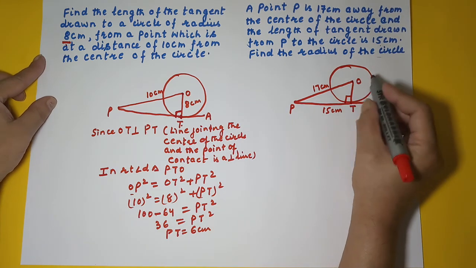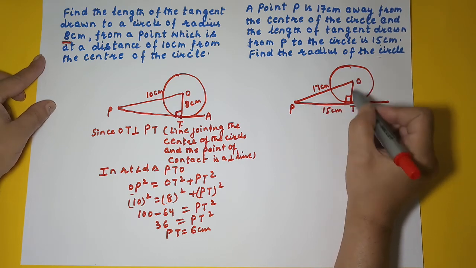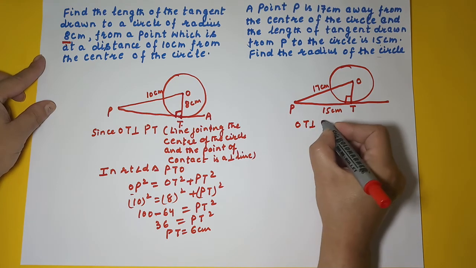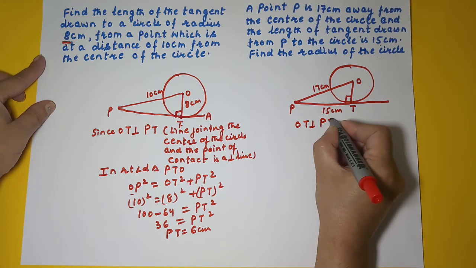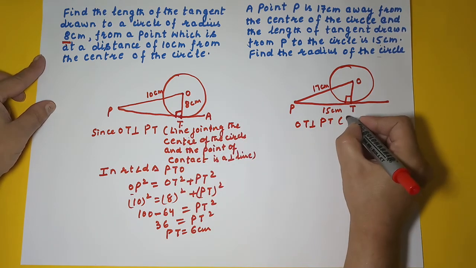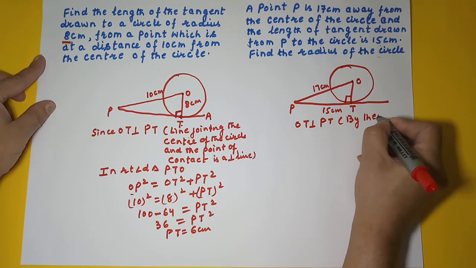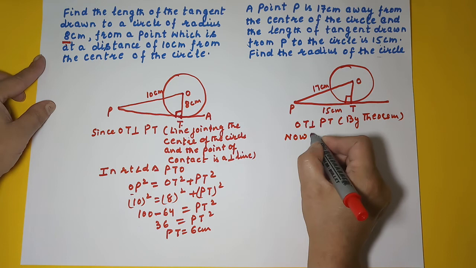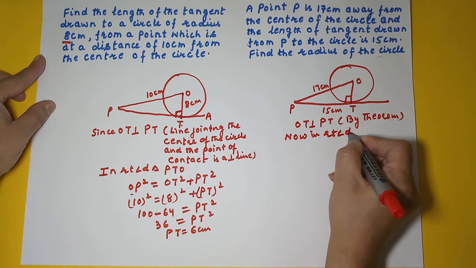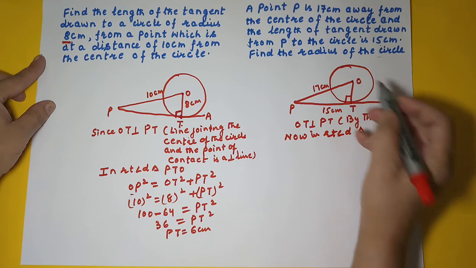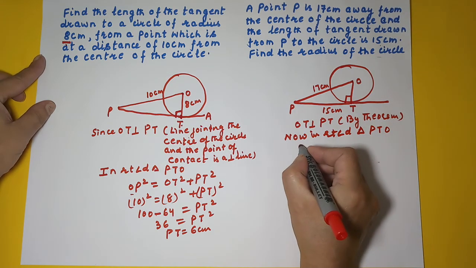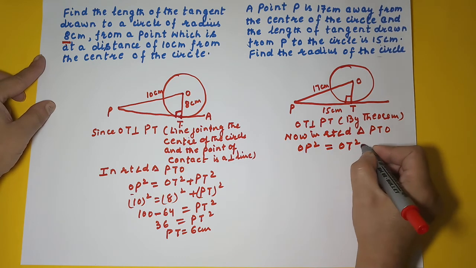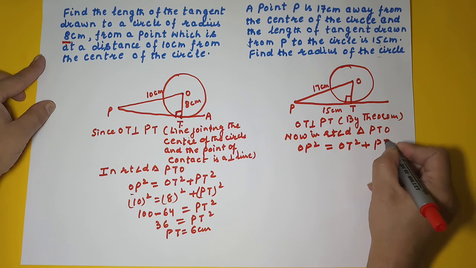Again, we can make use of the Pythagoras theorem to calculate OT, which is the radius of the circle. So we will write OT is perpendicular to PT by theorem. You can write this theorem here. Now, in right angled triangle PTO, hypotenuse square, OP is the hypotenuse, is equal to sum of the squares of other two sides, OT square plus PT square.